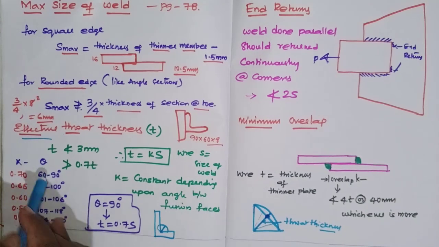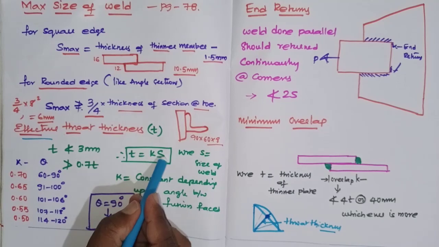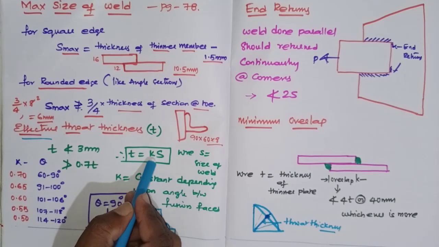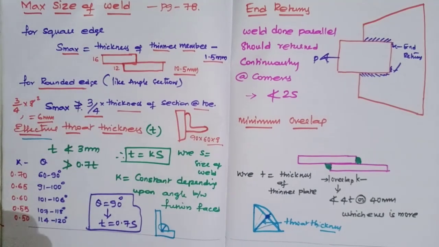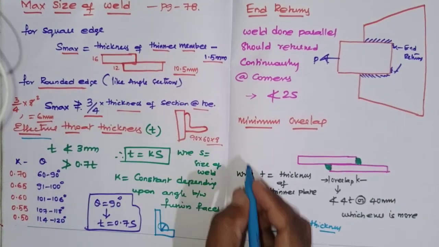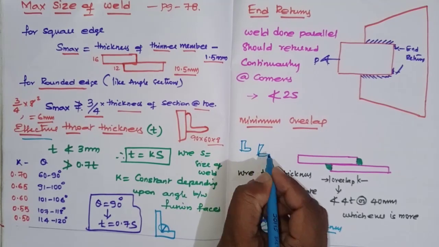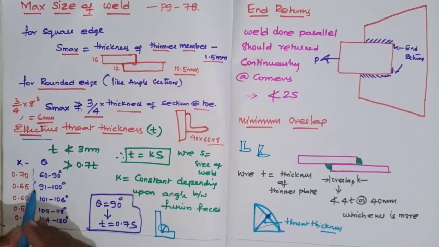The effective throat thickness is denoted by T, which equals K into S, where S, as you all know, is the size of the weld and K is a constant. It depends upon the angle of the weld you have made. You can go for 90 degrees, or some other angle, and the value will change based on that.